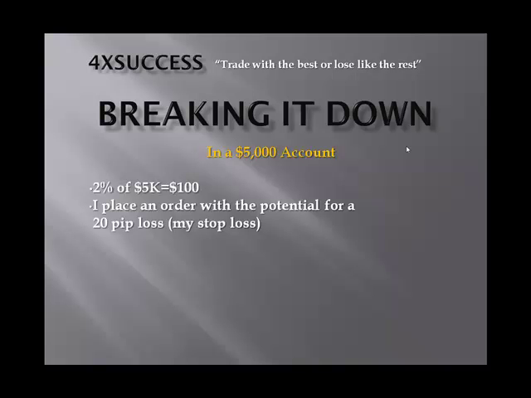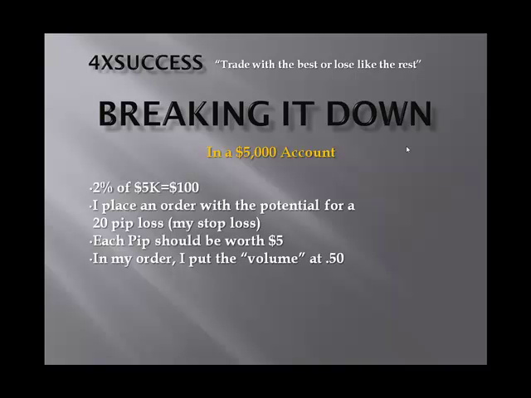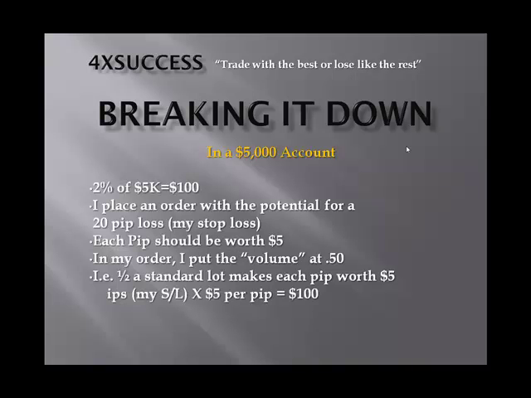So then, let's take a look at what our potential stop loss would be. Well, let's assume we put in a trade with a potential for a 20 pip loss. That's my stop loss. So then what should I set my lot size at if I'm only willing to lose $100 or 2% of my 5,000? Then obviously a potential for a 20 pip loss means that my pips can't be worth more than $5, because obviously 20 pips times 5 would be 100.